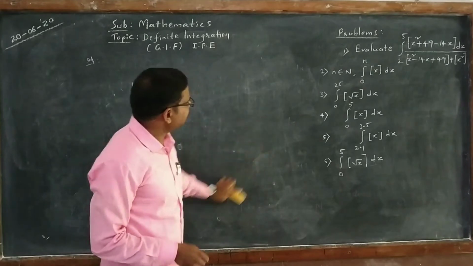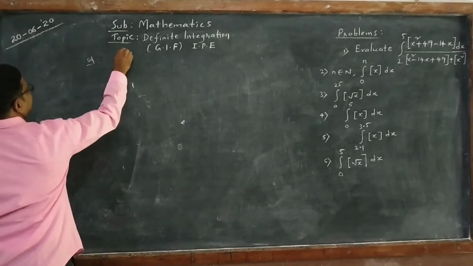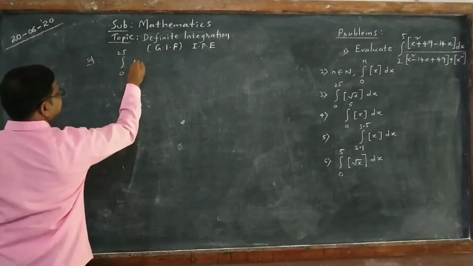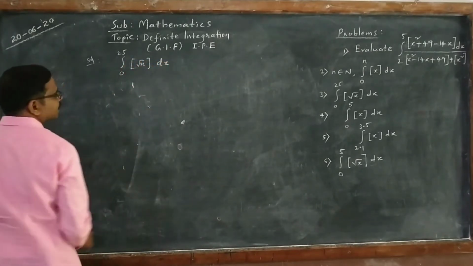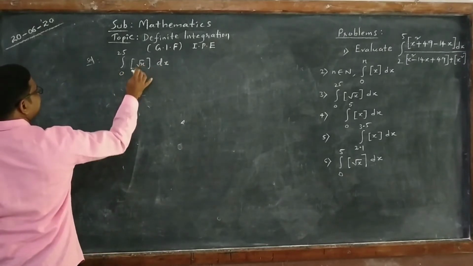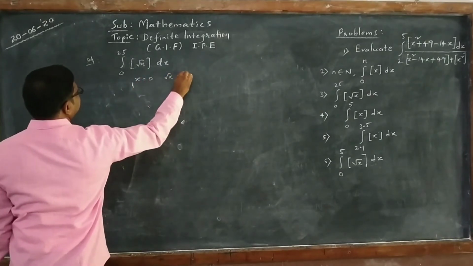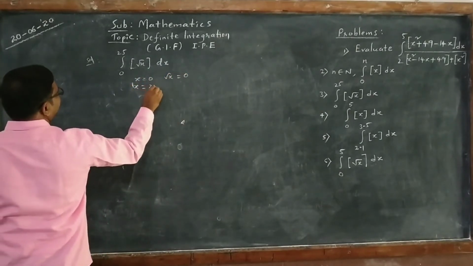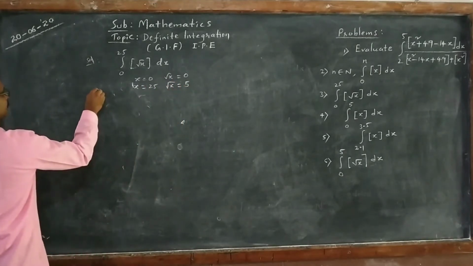See the third problem: integral 0 to 25 of [root x] dx. If x equals 0, root x also is 0. If x equals 25, root x will be root 25, which means 5.